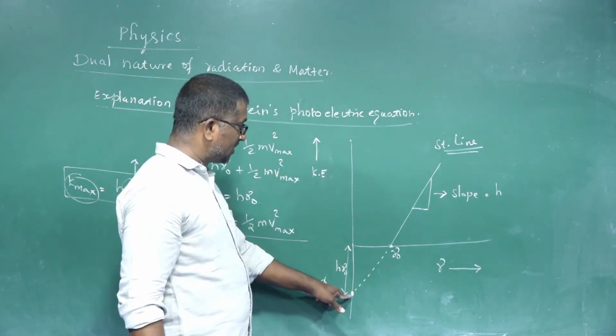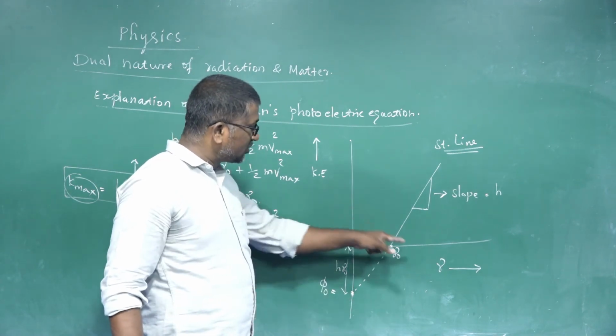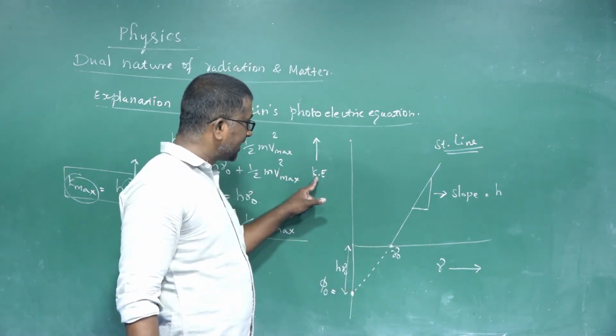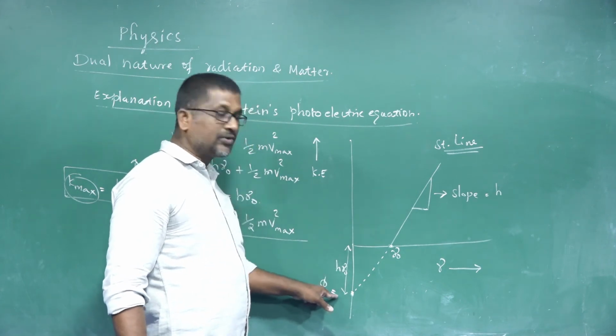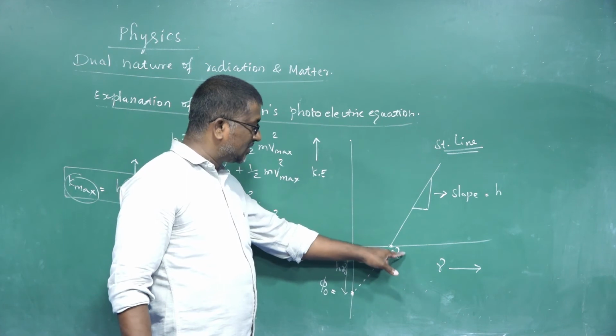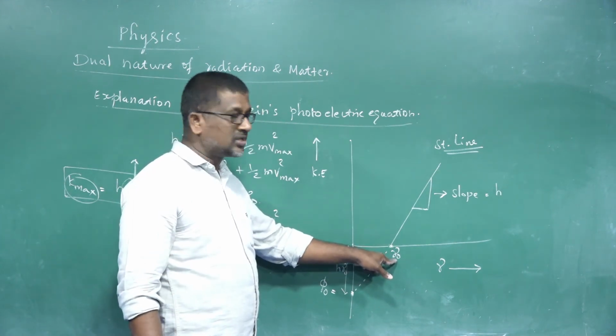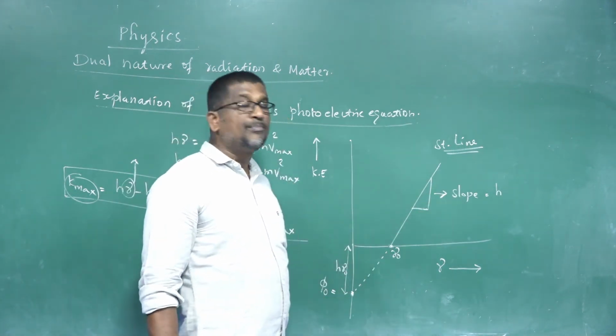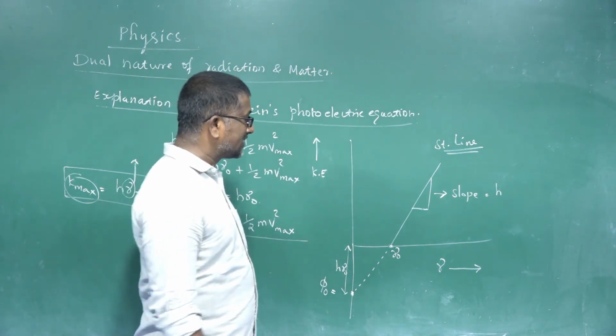So the y-intercept of the graph drawn between the frequency of the radiation and the kinetic energy gives the photoelectric work function of the metal, that is, phi naught is equal to h nu naught. The x-intercept is the threshold frequency, and the slope of the line gives Planck's constant.